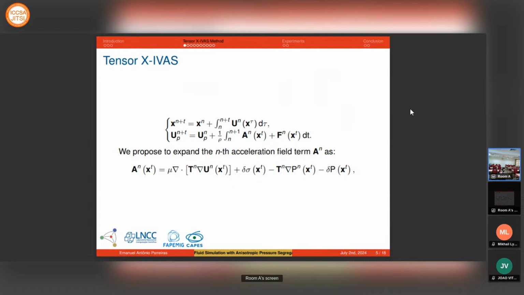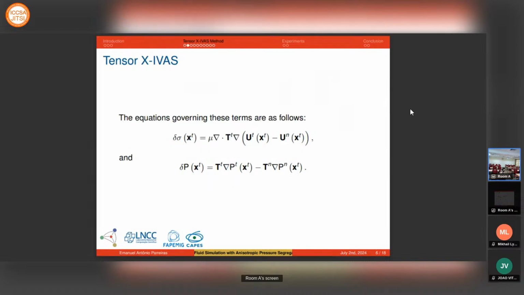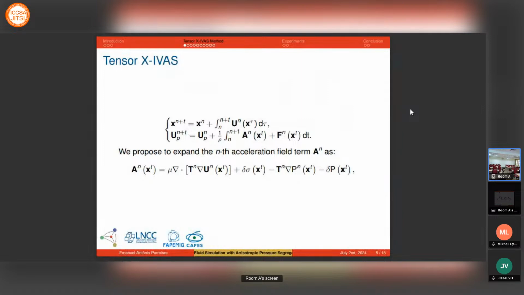So a^n has the viscosity and the pressure parts, and both can be separated into implicit and explicit forms. The implicit forms we see as delta sigma and delta p, the implicit form of viscosity and the implicit form of pressure.